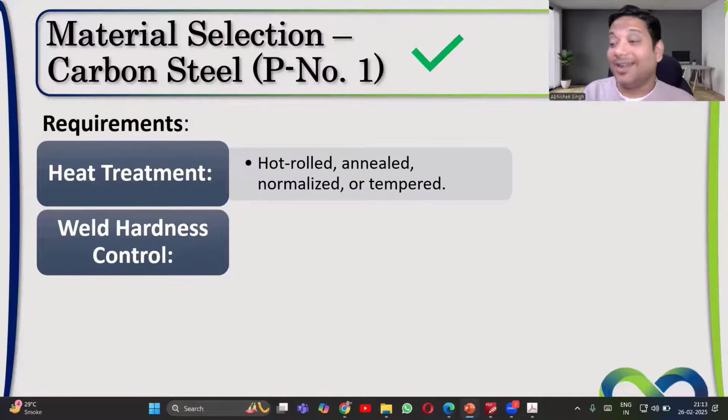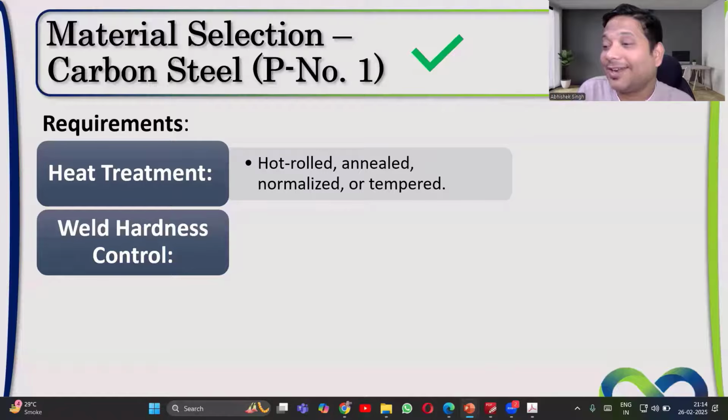When we talk about weld, hardness has to be controlled. Why are we controlling hardness? Because that is the single problem for SSC: the material becomes hard. So you want to use a material which is less hard. So we control the weld hardness.